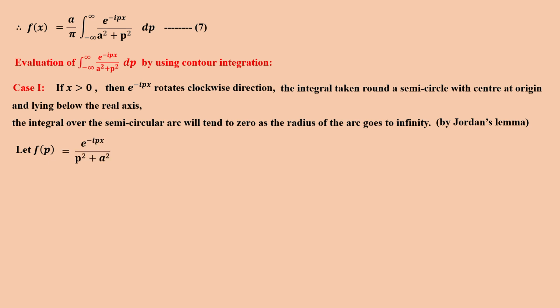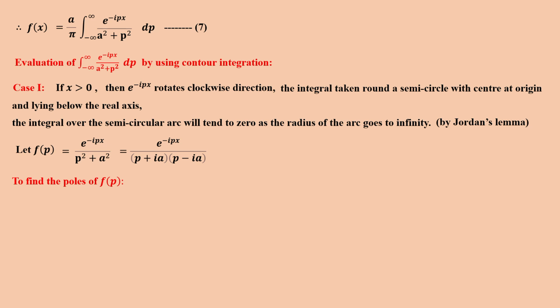So let f of p be equal to e power minus i p x by p square plus a square. Factorizing the denominator, you will get p plus ia into p minus ia. Now first we need to find the poles because we are going to use the residue theorem.